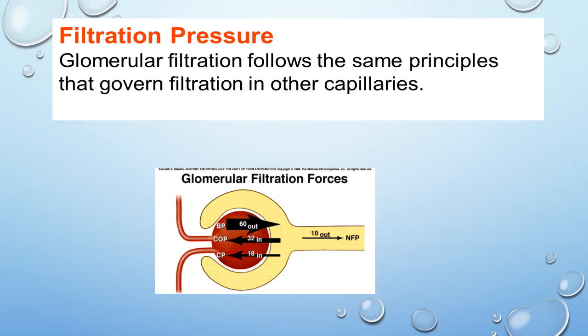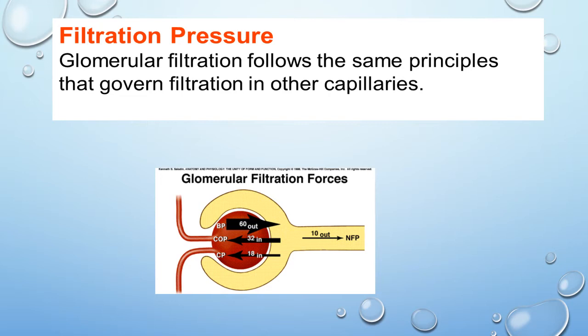The inward pressure: there are two inward forces which inhibit filtrate formation by opposing outward pressure. Normally around 10 micrograms determines the glomerular filtration rate. So there has to be a balance, and you can see in that image towards the bottom.